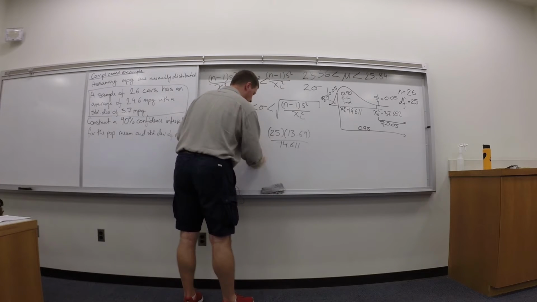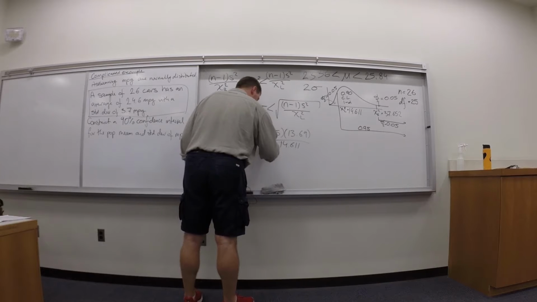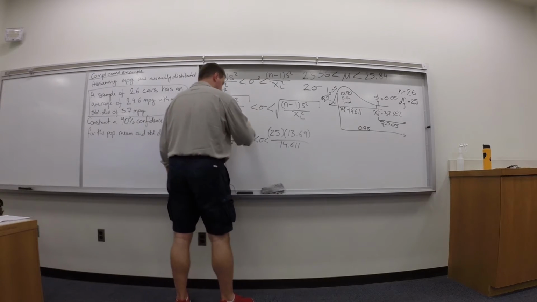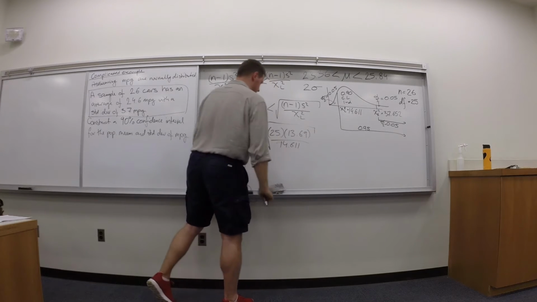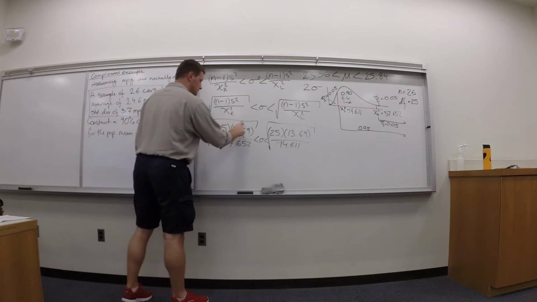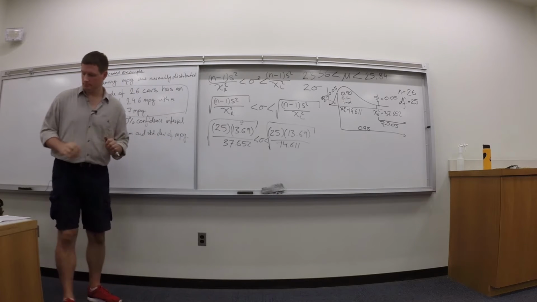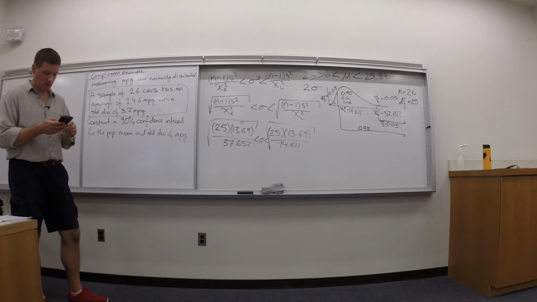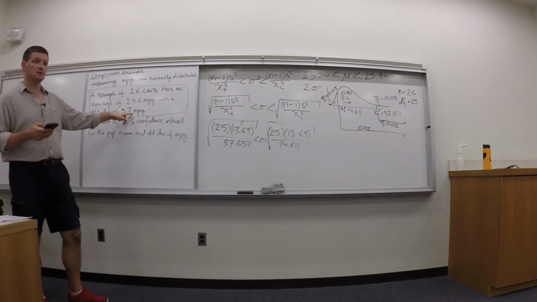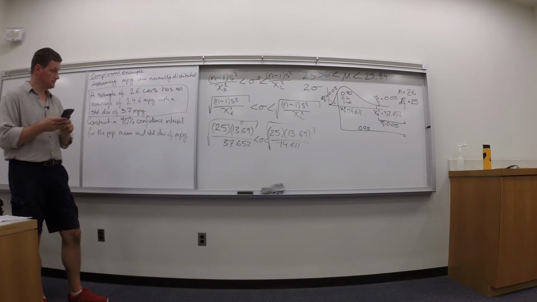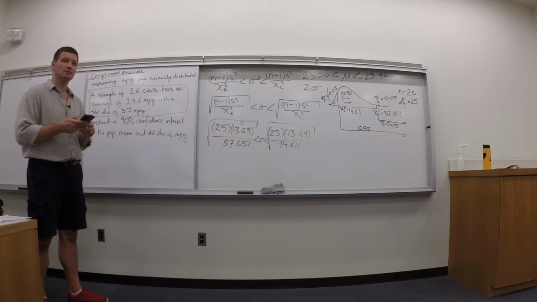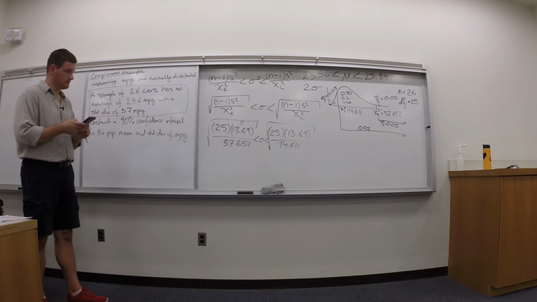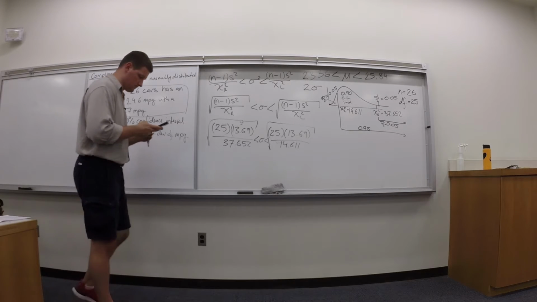Ooh, I'm getting ahead of myself. Sigma, and we need a square root. Yes, to two decimal places. Then 20.42.